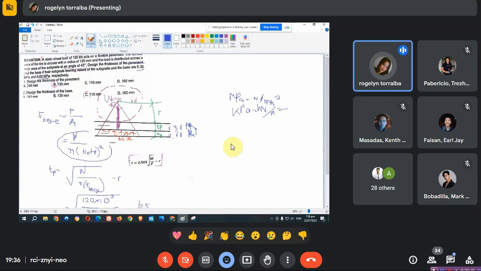Kung 0.30 megapascal atong gi-consider, what if bugat kay ang niagi nga dump truck, nga ang stress nga gi-cause atong dump truck kay 0.60 nya 0.30 atong gi-consider. Musupasar siya, dili? Diba dili? Matipak atong pavement class.